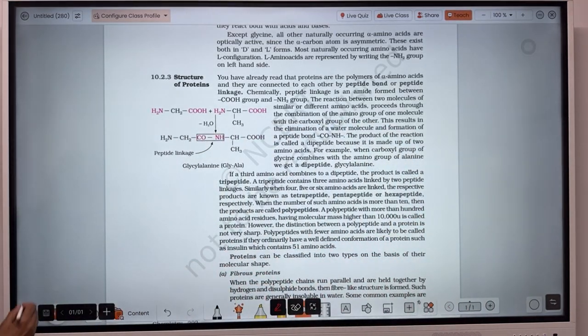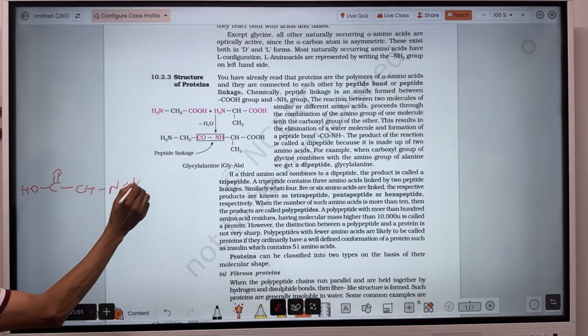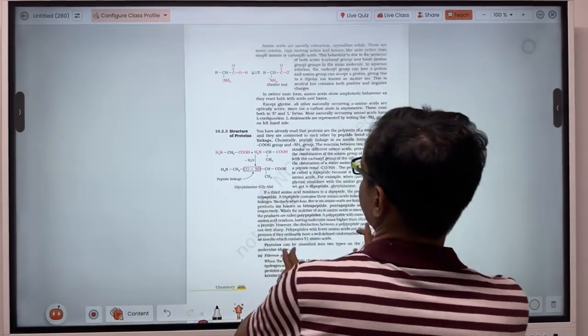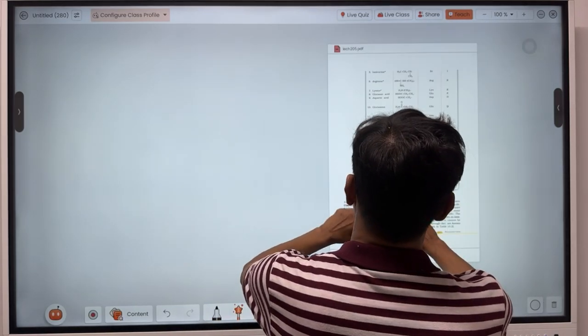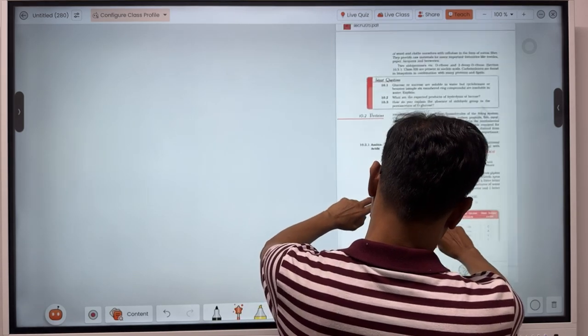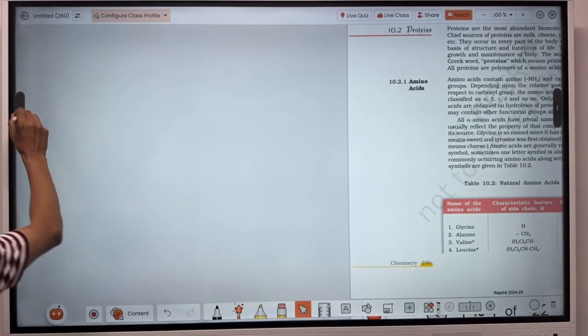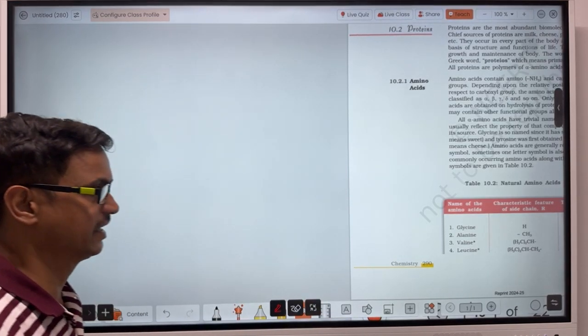Suppose alanine, and making a polymer, that means a dipeptide, of glycine and alanine.